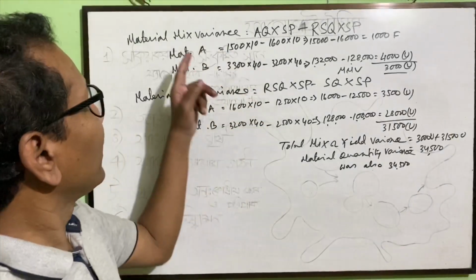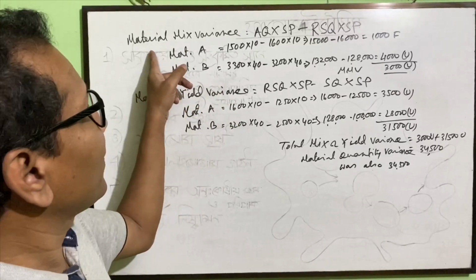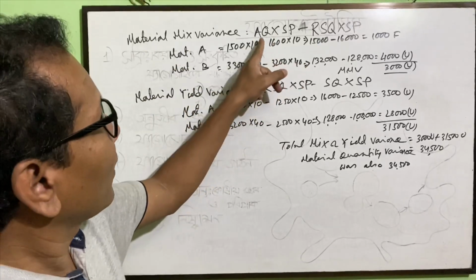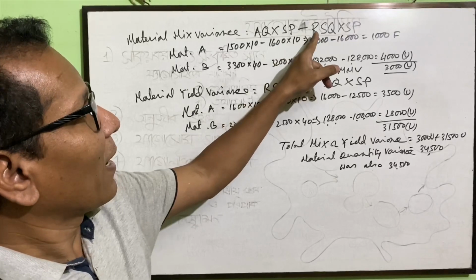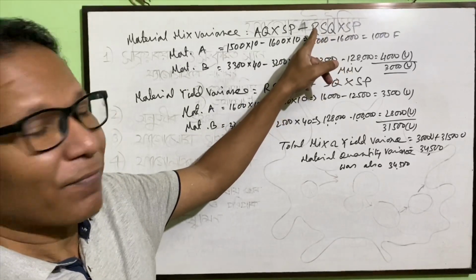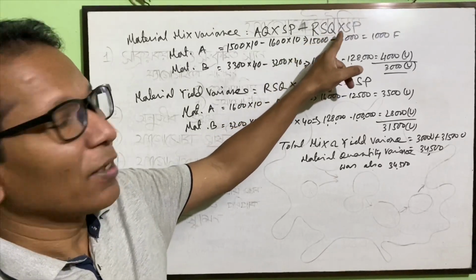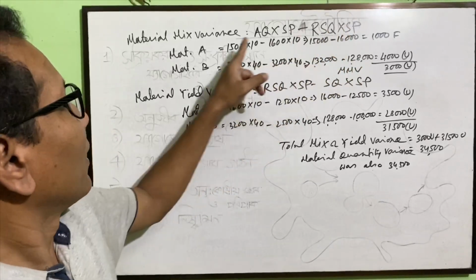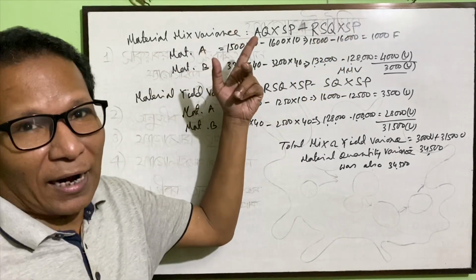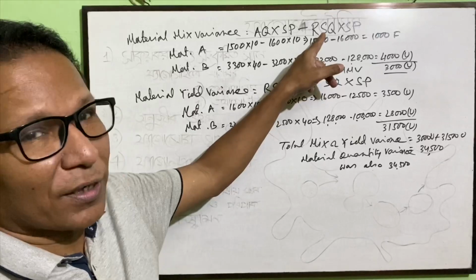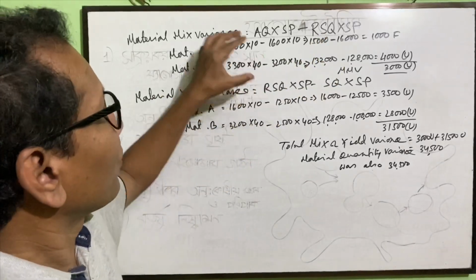Now material mix and yield variance. For material mix variance, the formula is AQ into SP minus RSQ, that means revised standard quantity into SP. We calculated the revised standard quantity earlier.